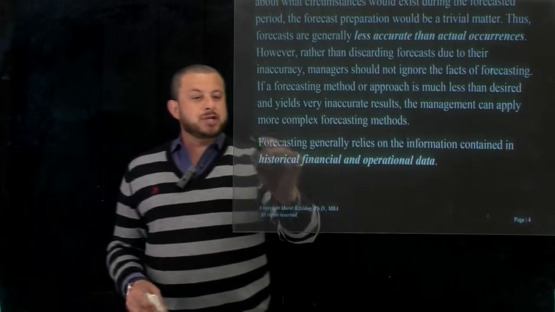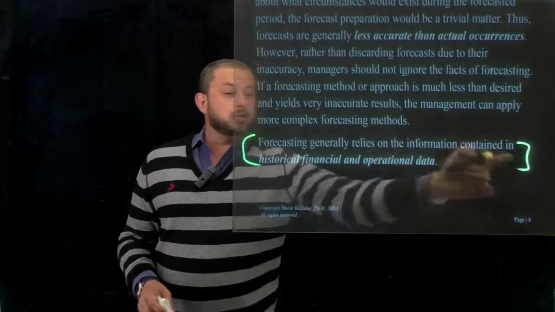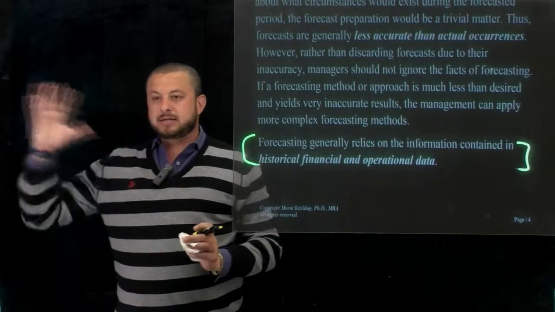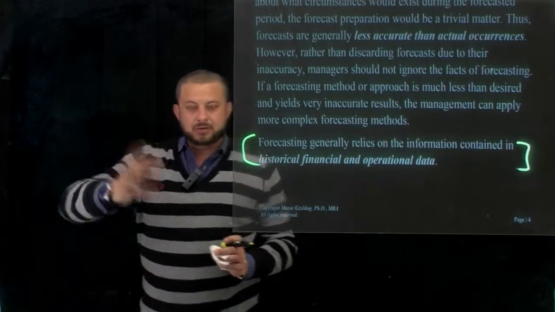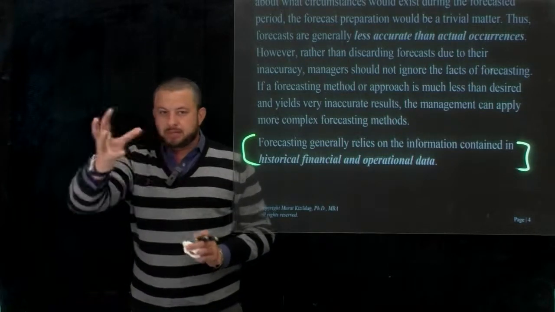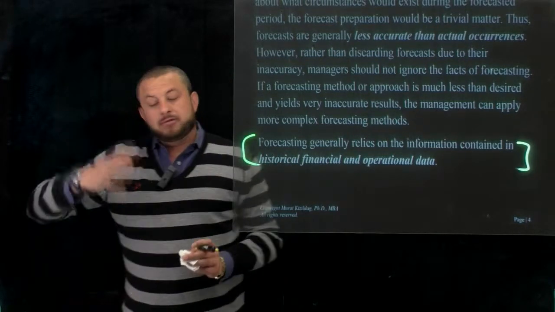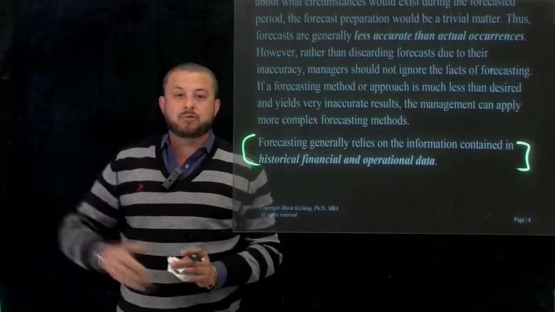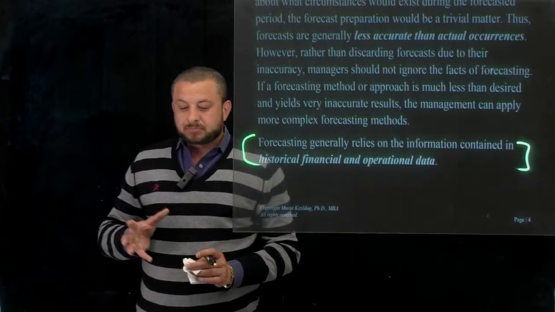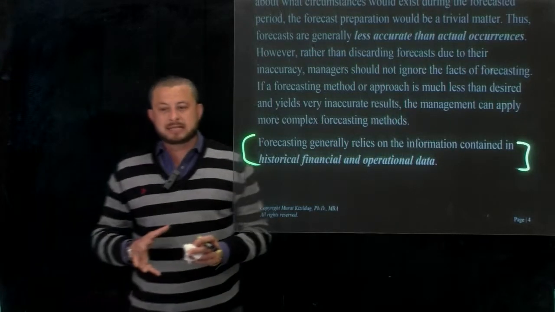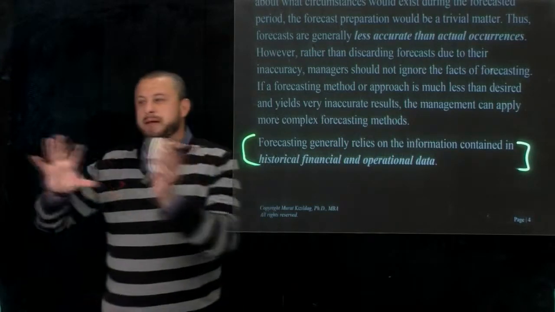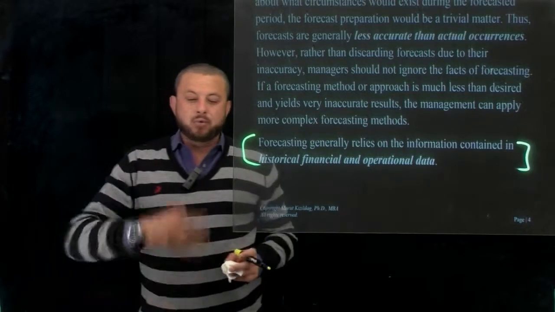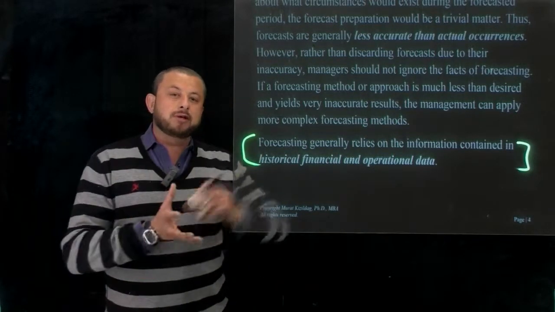Forecasting generally relies on the information contained in the historical financial and operational data. Of course, you're going to take a look at the history. Well, people say history repeats itself. May or may not be true, but historical data becomes a great source for forecasting, because a revenue analyst or financial analyst in hospitality companies usually goes back to what happened in the past and then tries to come up with a framework for the next period.